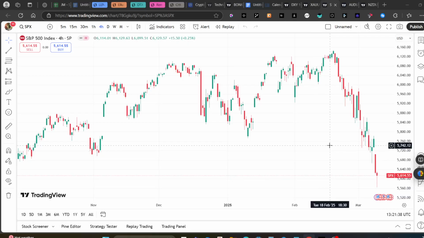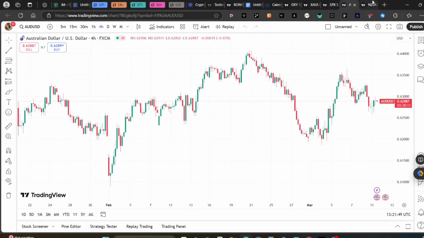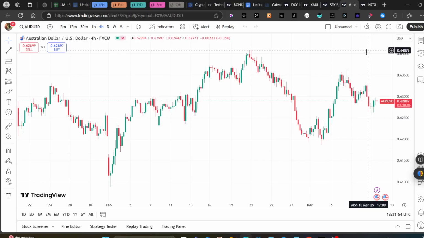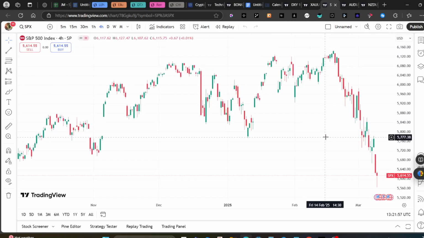When markets decline, traders shift to safe haven assets like the Japanese yen or the Swiss franc. So this is the NZD against the dollar, this is the AUD against the dollar, and this is the S&P 500. Remember that the S&P 500 and the risk-sensitive currencies like the AUD and NZD tend to move in the same direction.